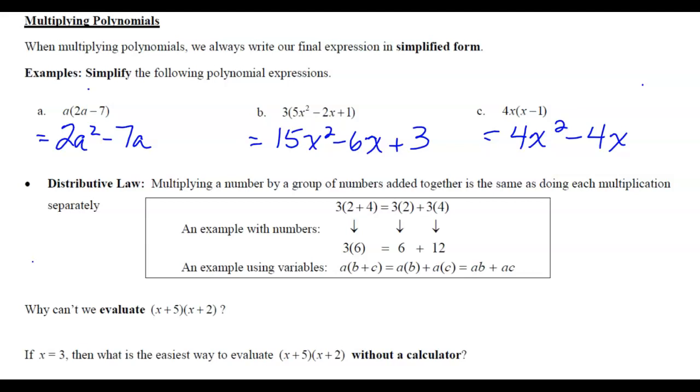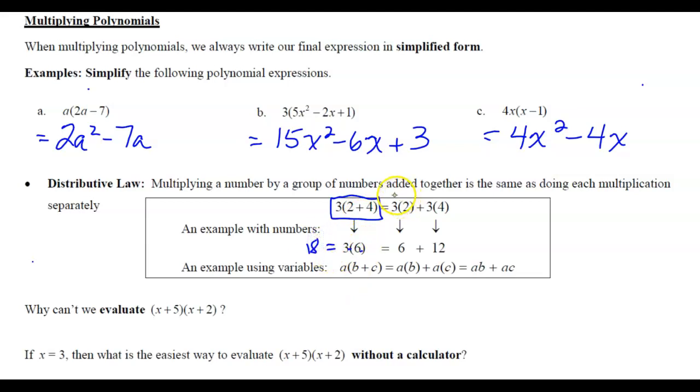So let's take a look at just how it works with numbers. We're kind of testing it out. If you remember order of operations from middle school, you would do the brackets first. So that's 6, and then you would multiply by 3, so that's 18.